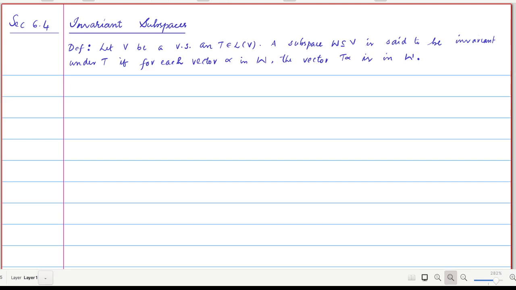We define invariant subspaces. Let V be a vector space and T belongs to L of V. T is a linear operator.